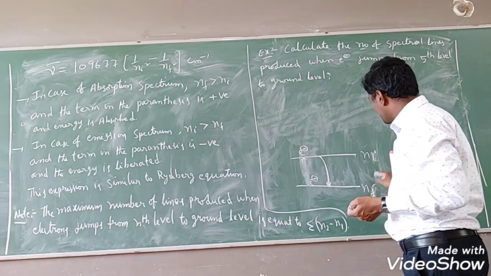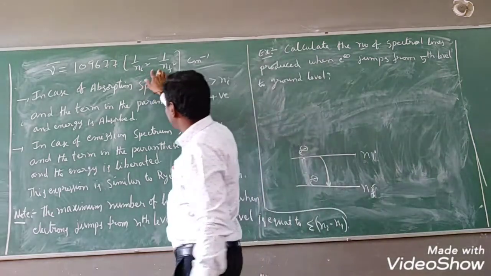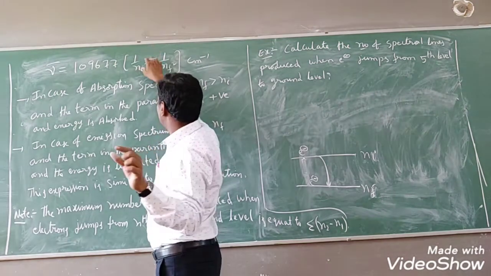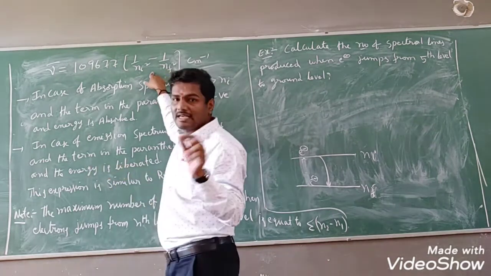This value is higher than this one, so Ni is greater than Nf. Whenever Ni is very high, this term will be very small. Small value minus a somewhat bigger value, so in the parenthesis you will get a negative value.